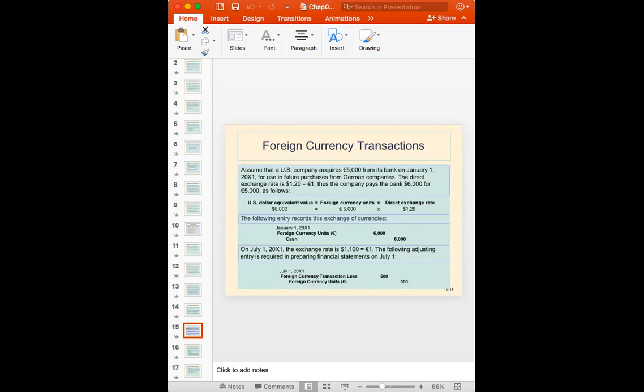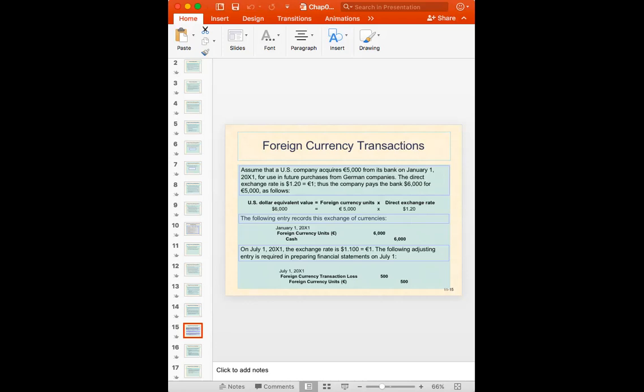So what could be the record for this one? On January 1, since they purchase foreign currency, there is foreign currency units debit 6,000 and cash credit 6,000. And then on July 1st, the exchange rate is $1.10 for 1 euro, so there is an adjustment that we need to make.